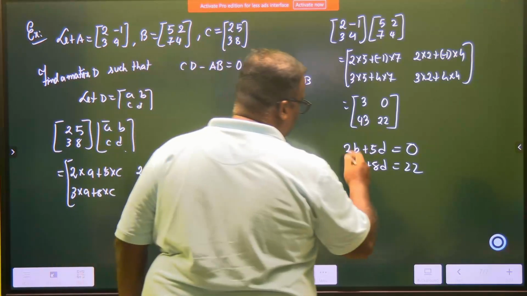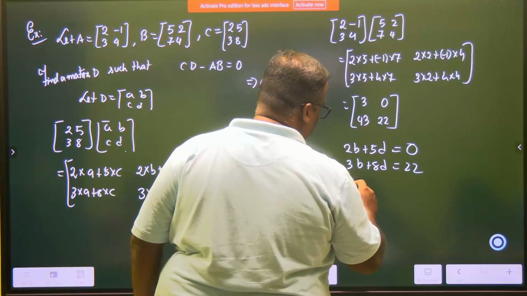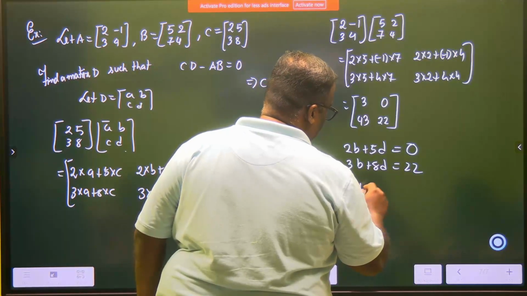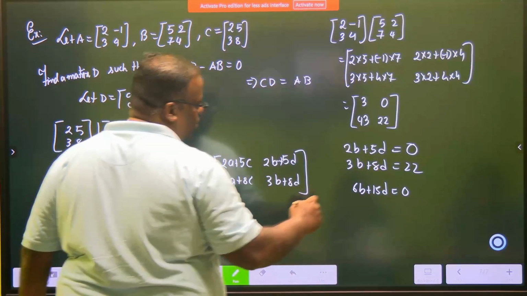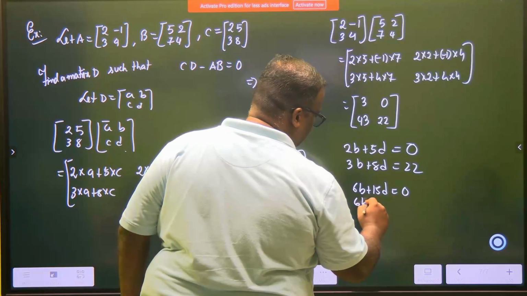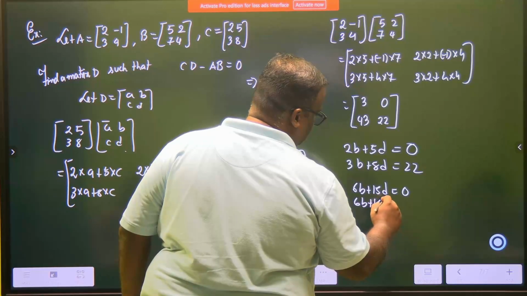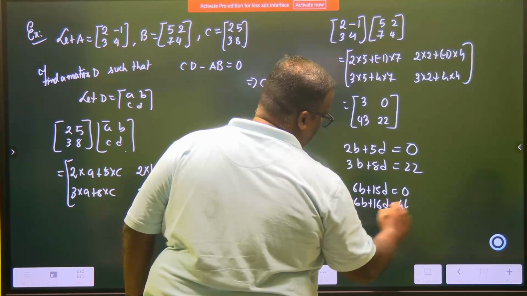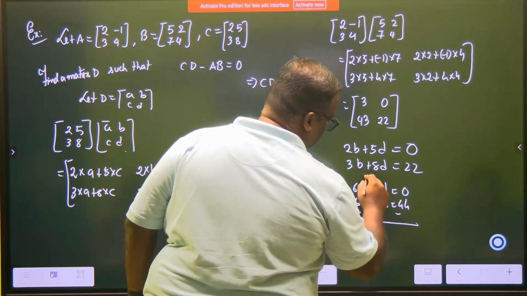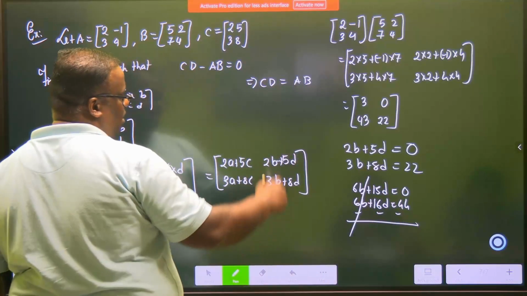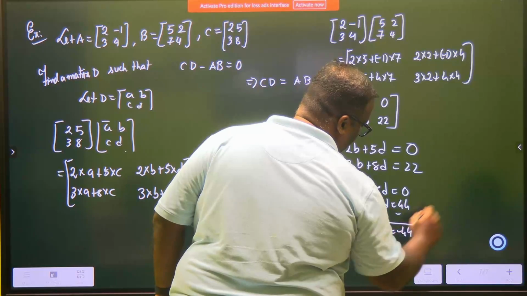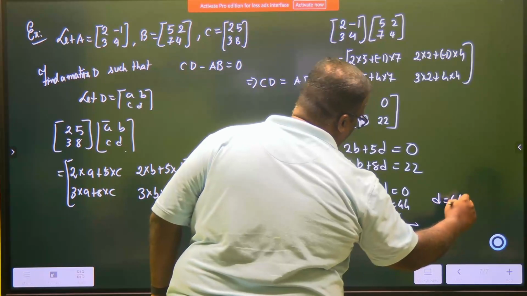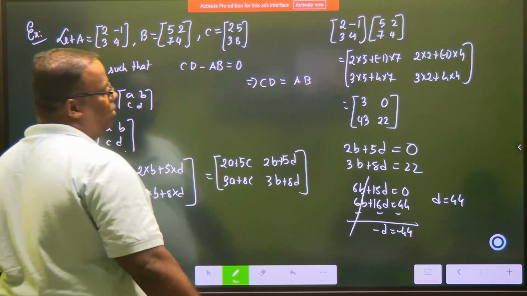So if you multiply the first equation by 3, it becomes 6b plus 15d is equal to 0. Multiply this with 2. So this becomes 6b plus 16d is equal to 44. Then subtract. This goes away. 16d minus 15d is d, equal to 44. This is one equation we found out.